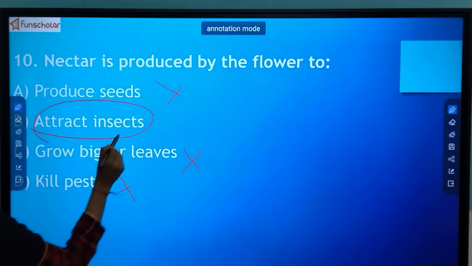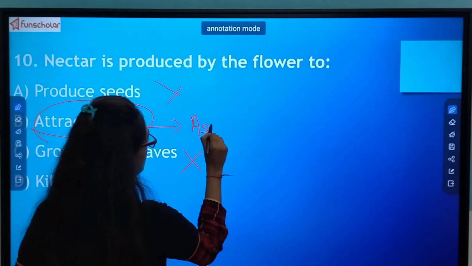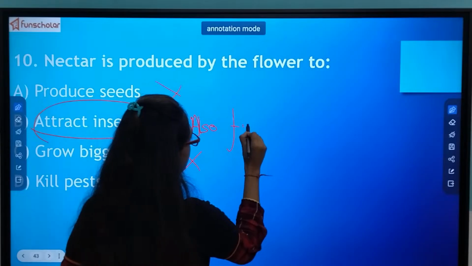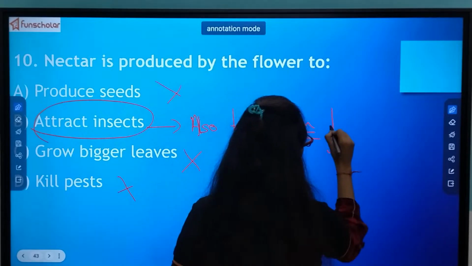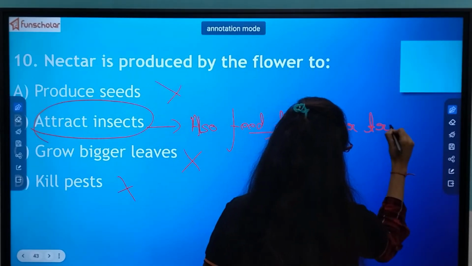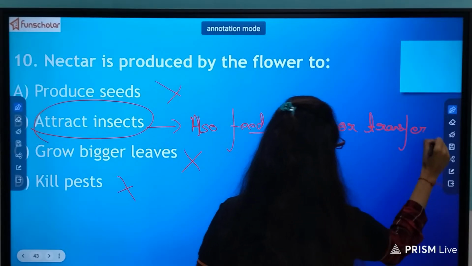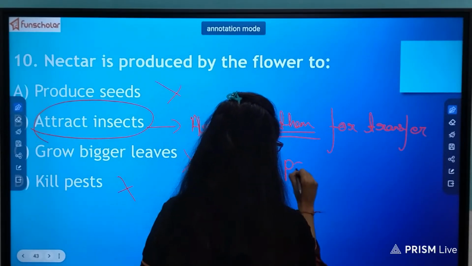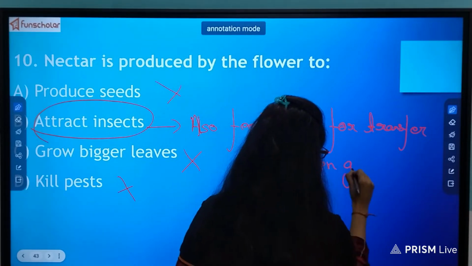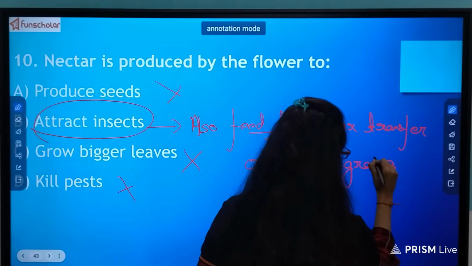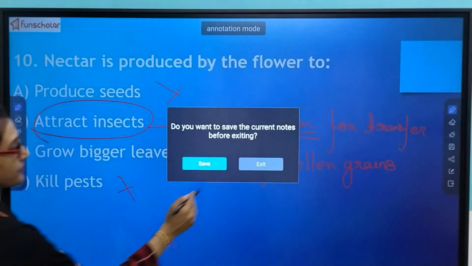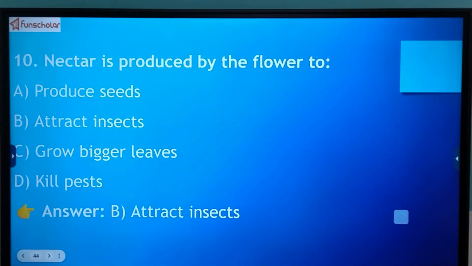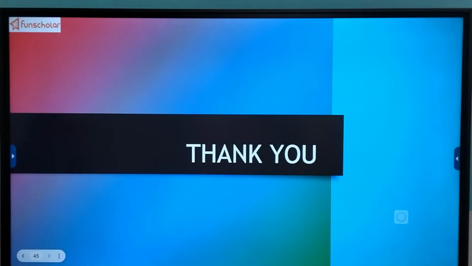To attract insects and also feed them for the transfer of pollen grains, right? So this is for it.